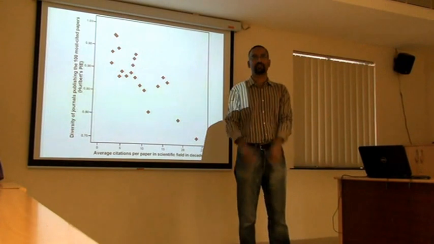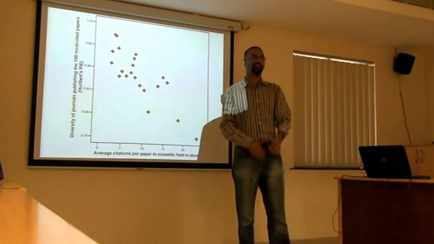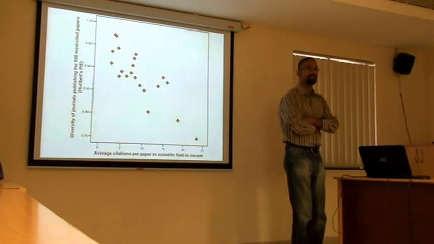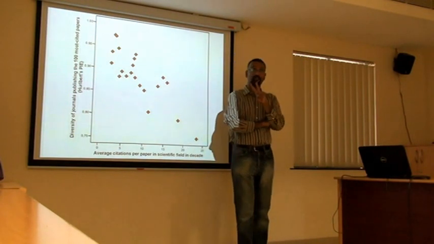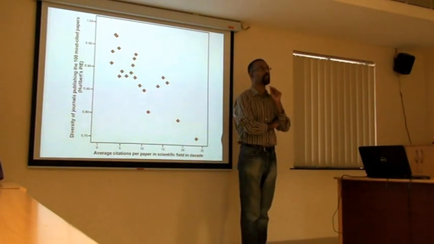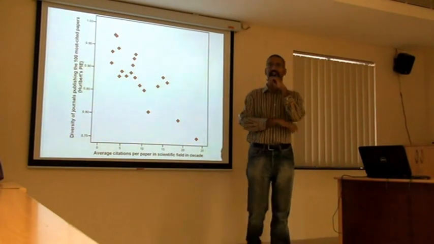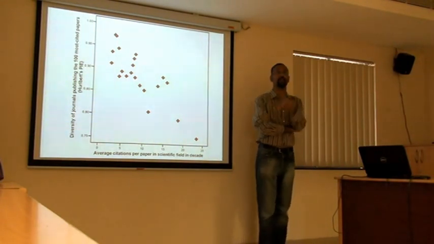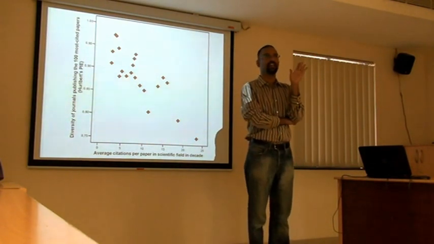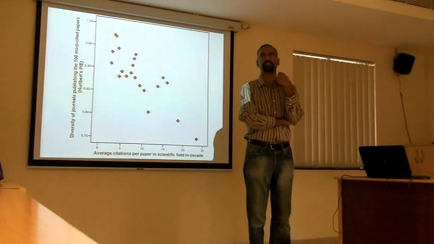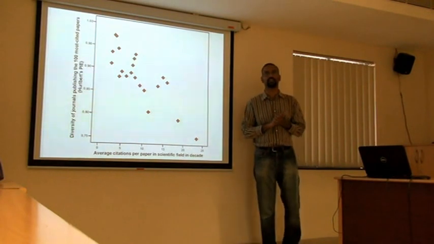If you're a university administrator, you want to find out, should I close down the maths department or not? Okay? And the way you might answer that question is to find out, there are two kinds of questions that I can ask. How is my department doing vis-a-vis other maths departments on this citation index? I may also look at maths departments as a whole vis-a-vis other disciplines, and say maths is simply not getting enough citations, let's close it down. So that's the kind of reasoning for which you want the diversity index.